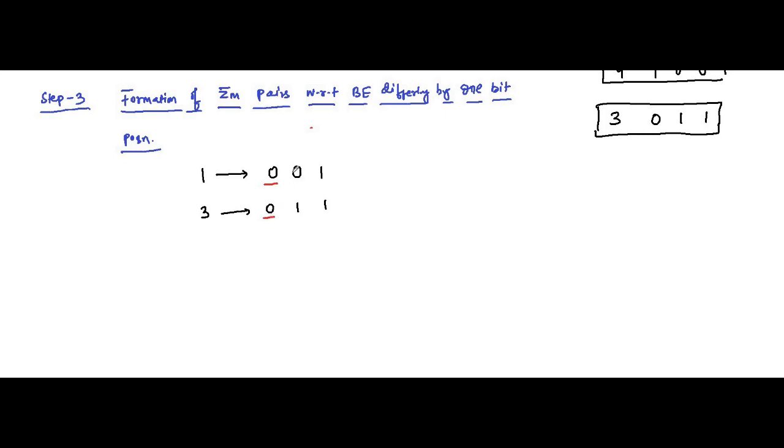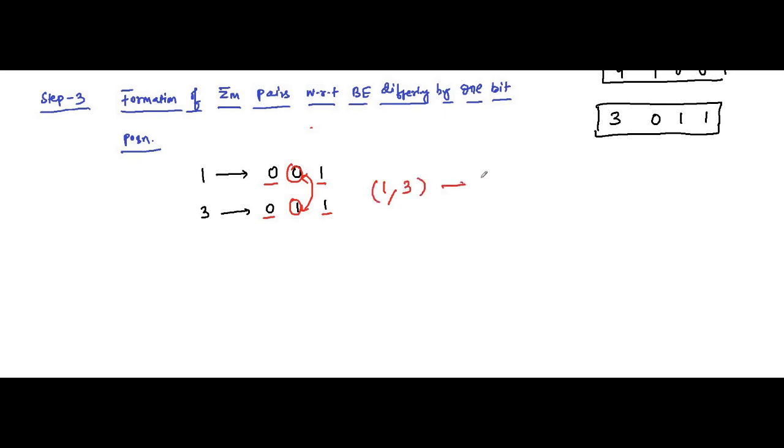Here it is different: here it is 0, here it is 1. Here it is the same, 1 1. So it is differing in the middle bit position, only 1 bit position. So a Minterm pair can be formed, and 1 3 will represent a Minterm pair.